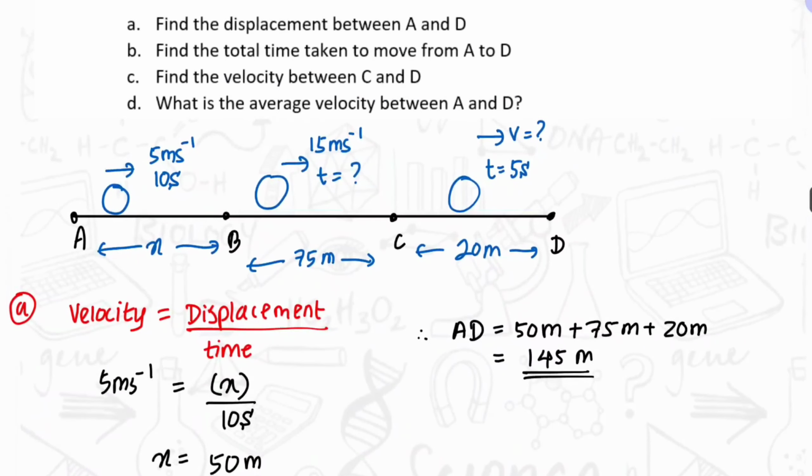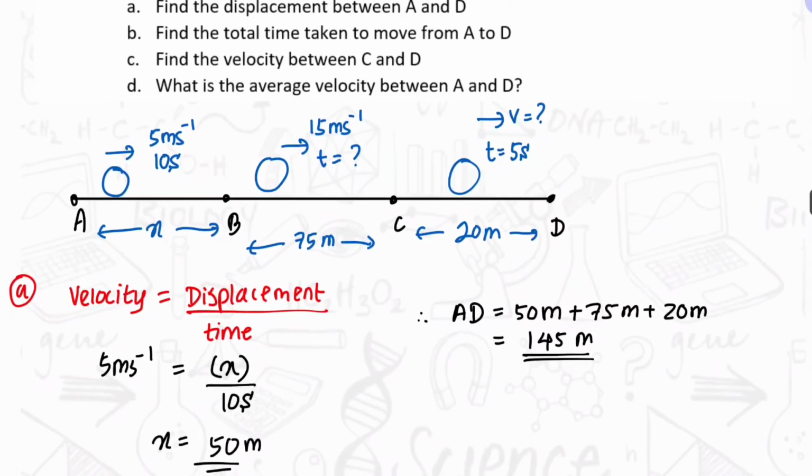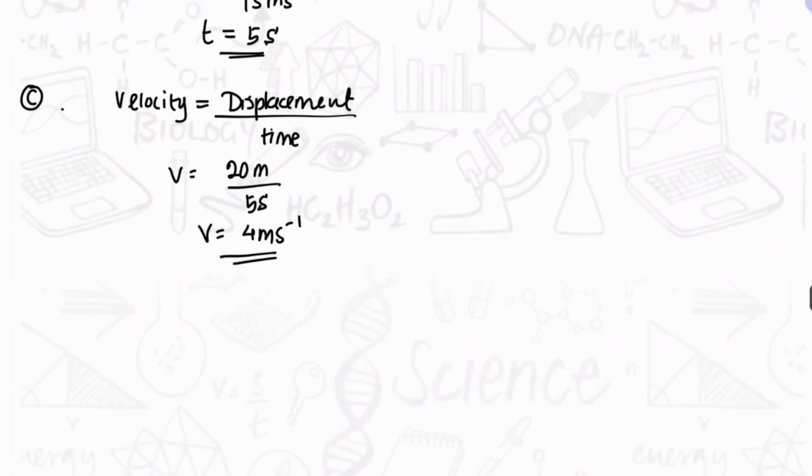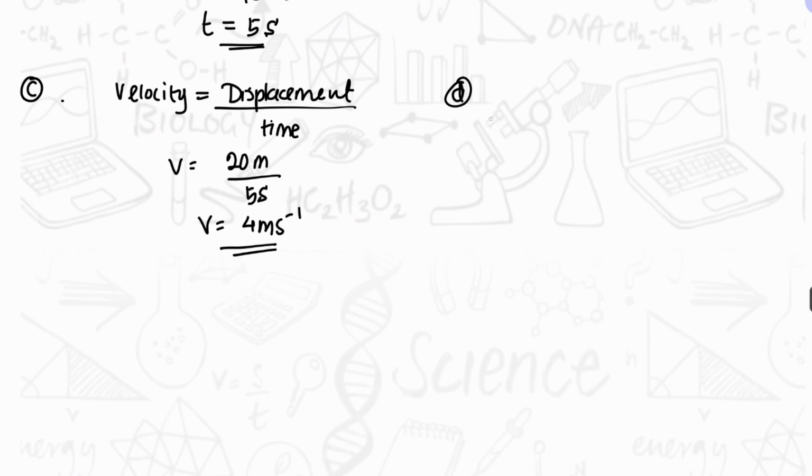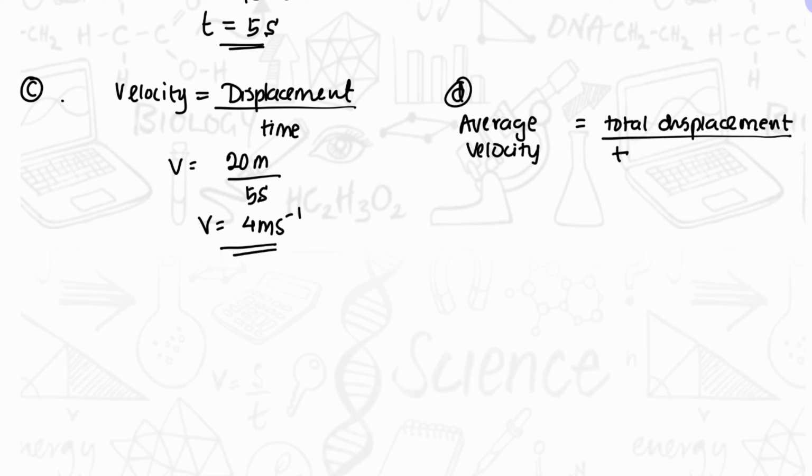Now the last part is the average velocity between A and D. Average velocity is equal to total displacement divided by total time taken.